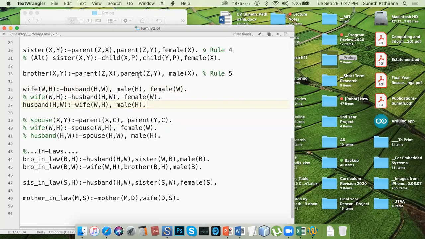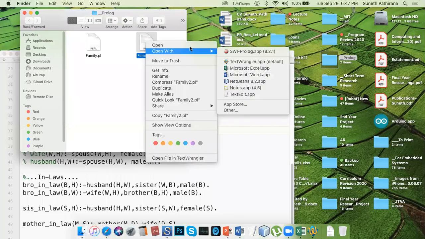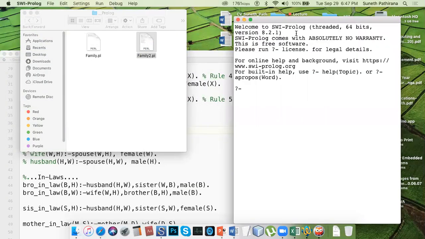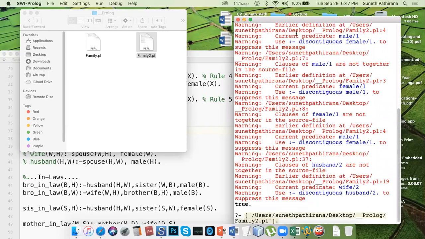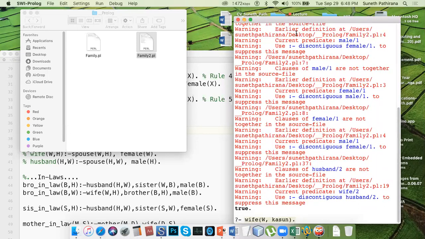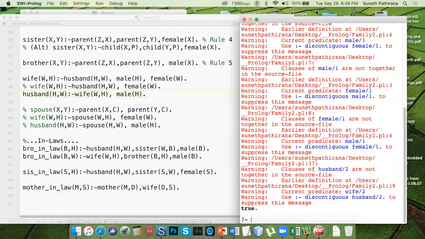Then shall we try to recompile and check whether it still gives some inappropriate answers. Okay. Let's check with this wife relationship.